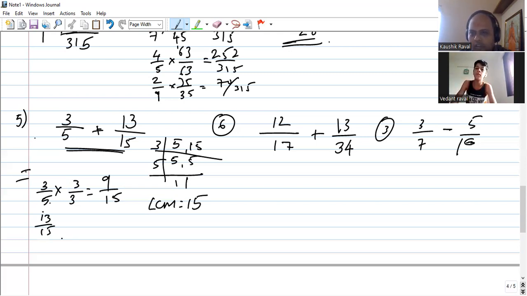It is already 15, so no need to multiply. All you have to do now is add 9 by 15 plus 13 by 15, so that becomes 22 by 15. And we know 15 ones are 15. So 22 minus 15 is going to be what? Mental math, do it.